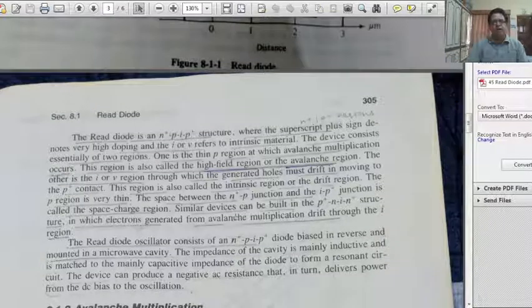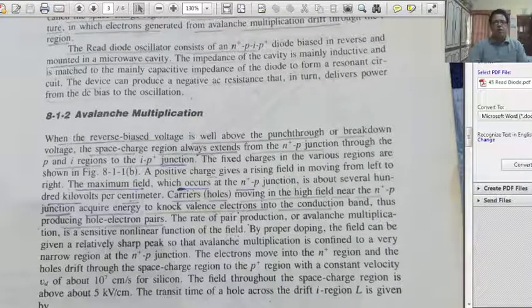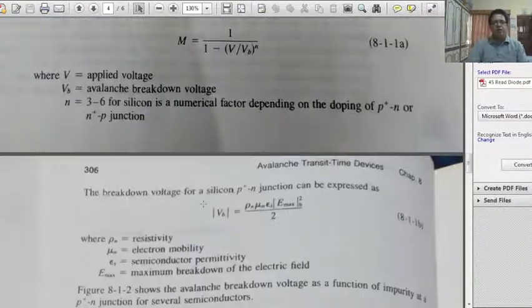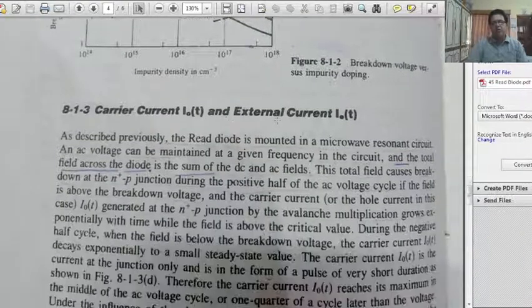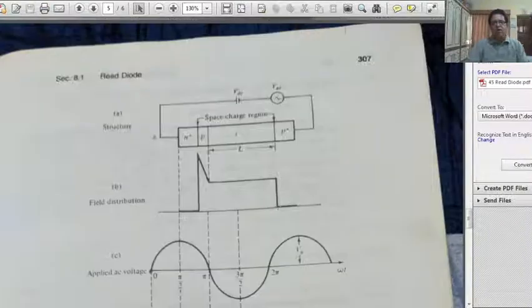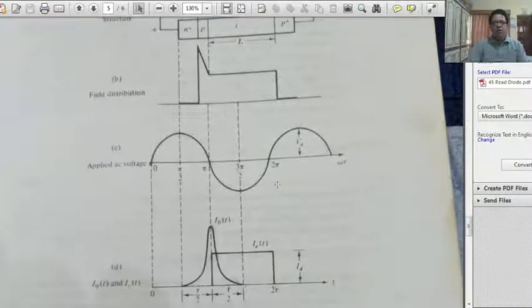So this is the physical description of the Read diode and how it works. A small part of the working we see here. In the next few lectures we will also understand avalanche multiplication in the Read diode, and carrier current and external current in the Read diode.